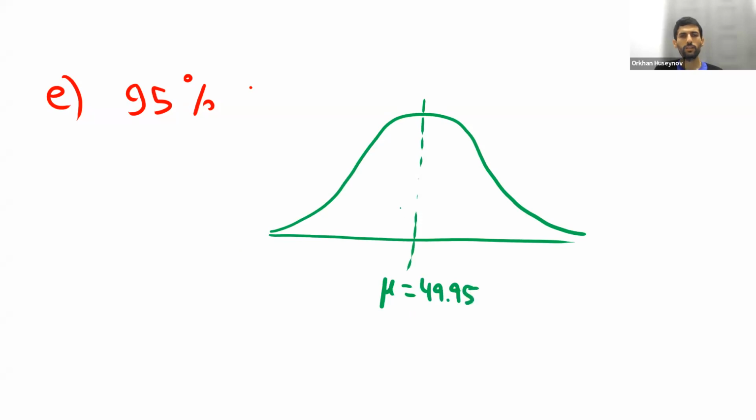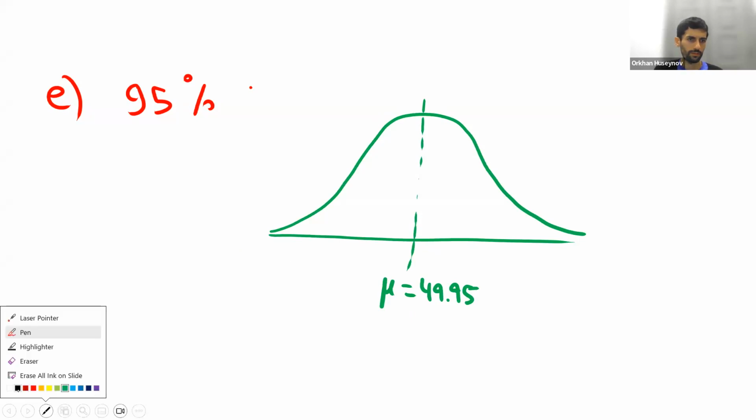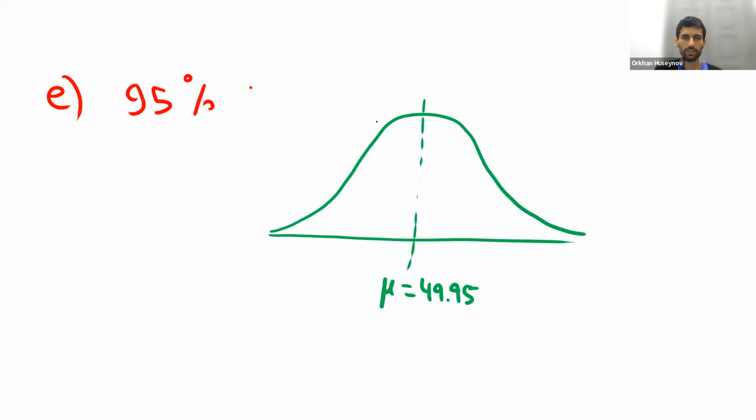So this one is 49.95. And if you remember, I said in our previous classes that 1 sigma here and 1 sigma here, this part is 68%.